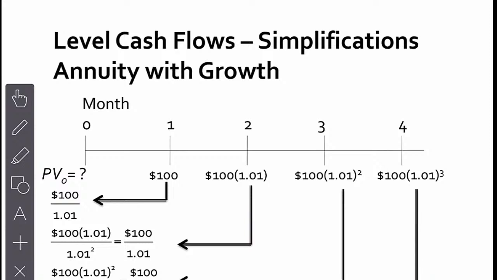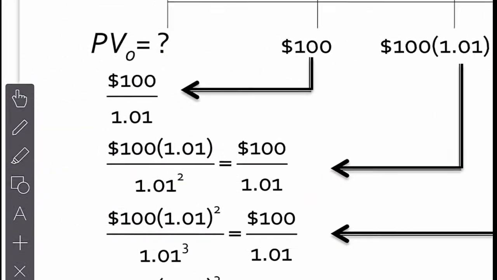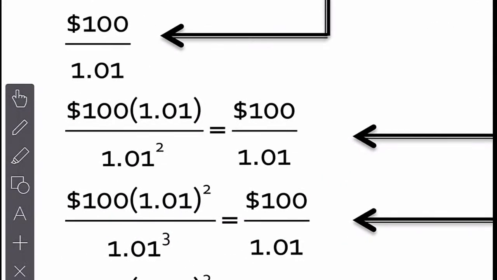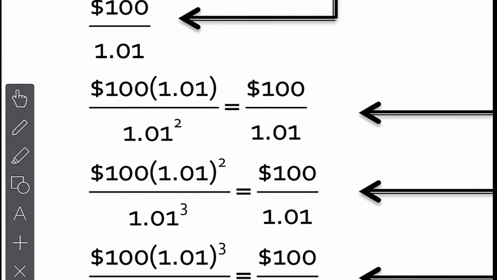So what do we see here? Let me make this a little bigger. So this is my first amount. Everything has been discounted to now.